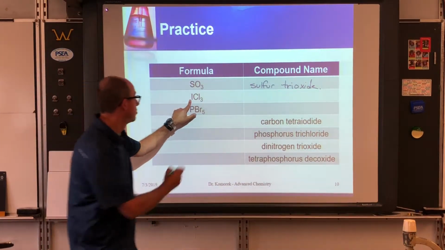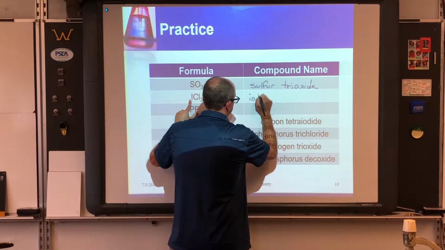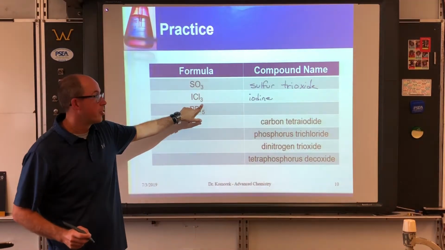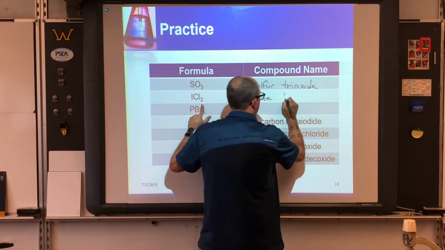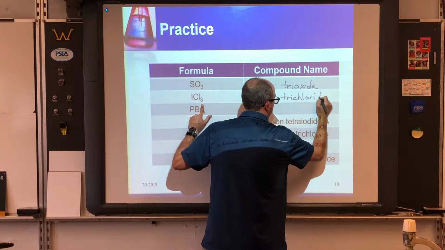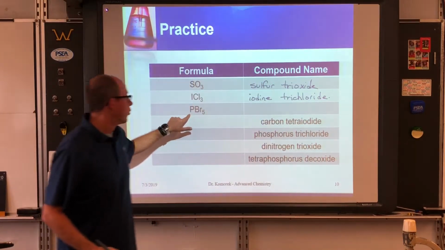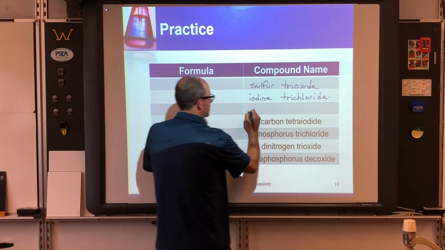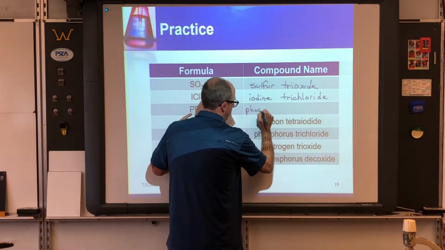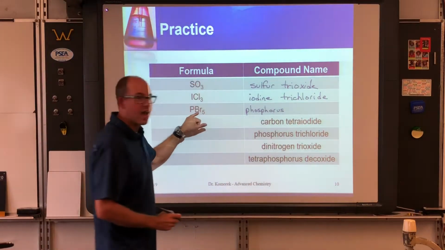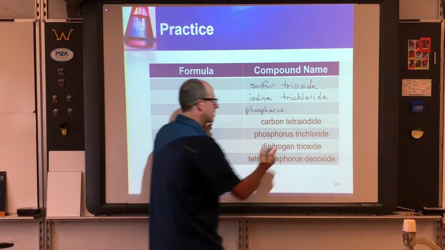There's only one of it, so it's just iodine. For the chlorine, there are 3 chlorines, so it becomes trichloride. For PBr5, one of the first element, no prefix, phosphorus. And Br, there's 5, so pentabromide.